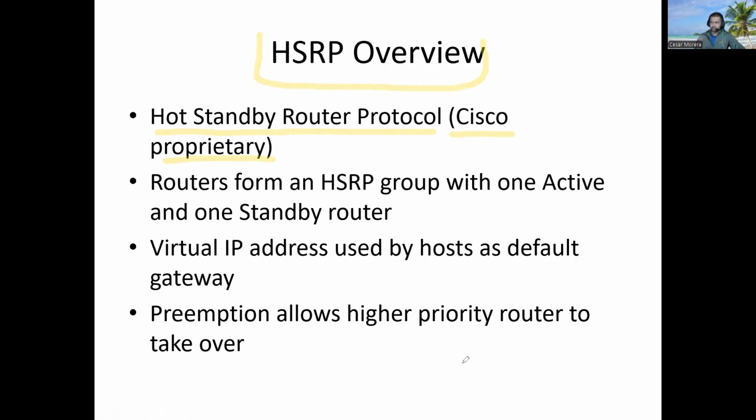So that's a brief introduction on why we need this HSRP configuration in order to have an active and a standby router, to have that full redundancy. The virtual IP address is used by hosts as a default gateway, and preemption allows routers with higher priority to take over.